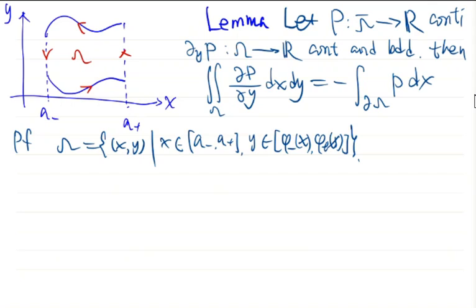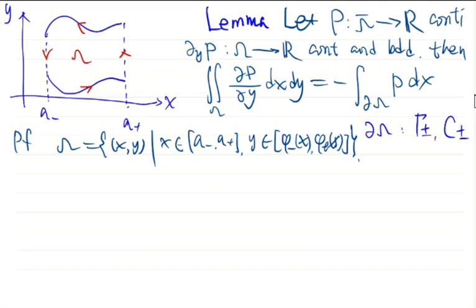And the boundary, we know, consists of four parts. These four parts we label by some letters. So the boundary of omega consists of gamma plus and minus, and c plus and minus.